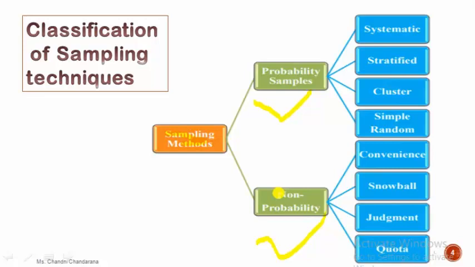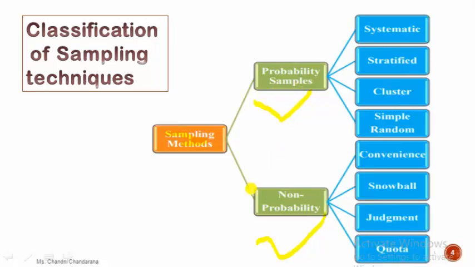A probability sample, or you can say this technique, has a sampling frame. Sampling frame means a list of the population. Here you can select your sample randomly and you can generalize your result. This kind of study is more expensive and time consuming, but it follows probability theory, and whatever result we get is more accurate.